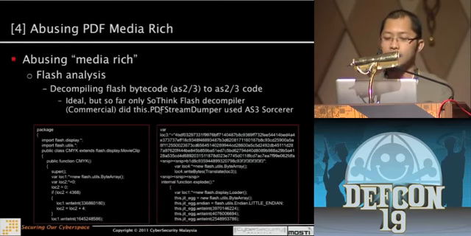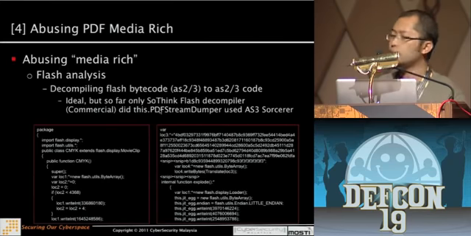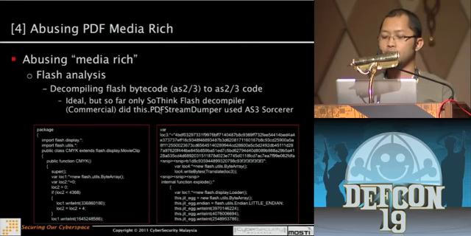So for Flash analysis, it's pretty much ideal for us to decompile the Flash bytecode, which is normally from AS3 or AS2 to AS2 or AS3 code. Ideally, but so far I saw there are only two software tools that do proper decompiling on this, and they are commercial, so you cannot integrate this kind of tool within your parser.